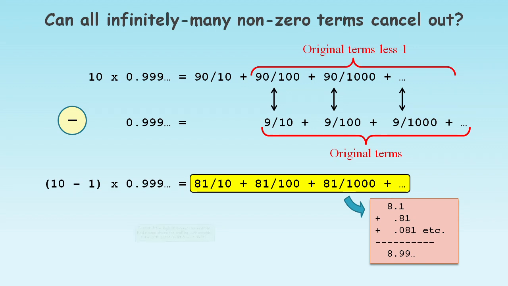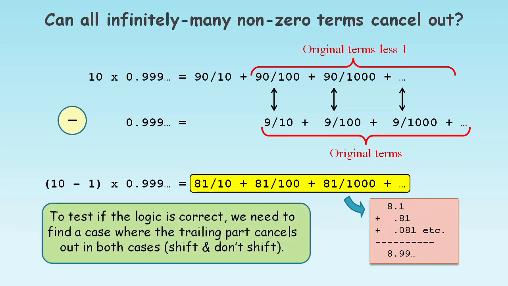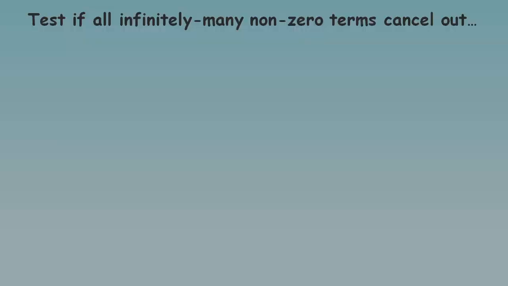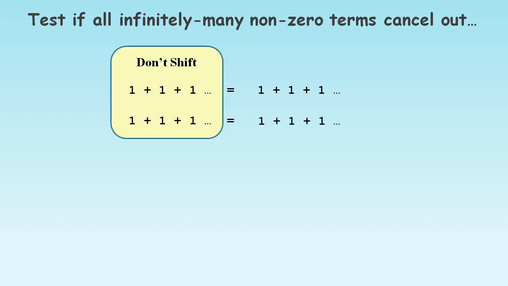We could test if this logic is correct if we could find a case where the trailing part cancels out in both scenarios, when we shift the terms and when we don't shift the terms. And this series, 1 plus 1 plus 1 and so on, just happens to fit the bill. On the left-hand side, we won't shift the terms, and on the right-hand side we will.